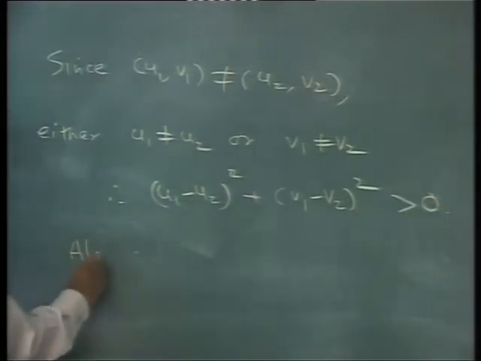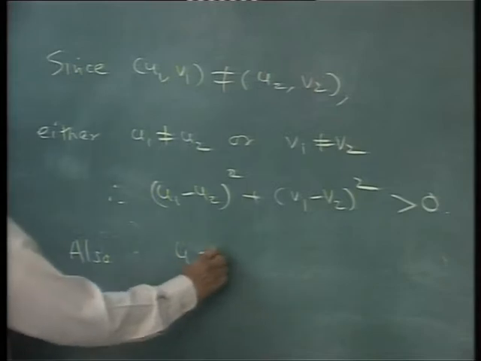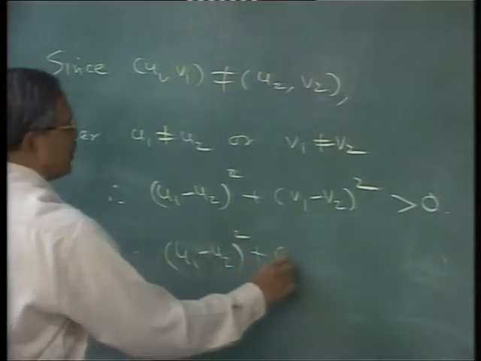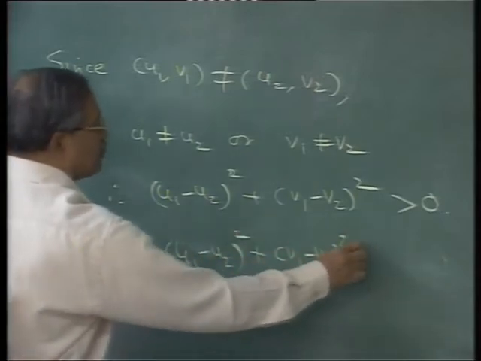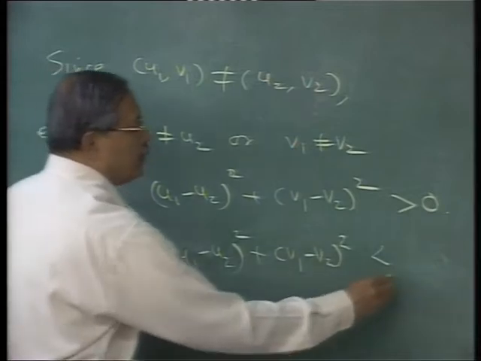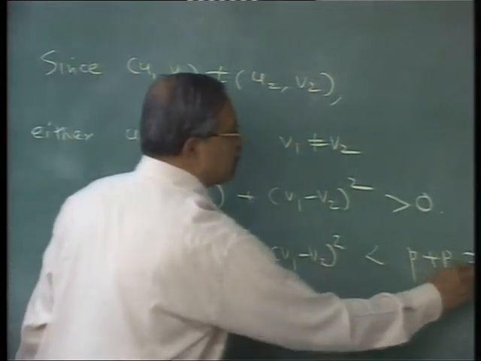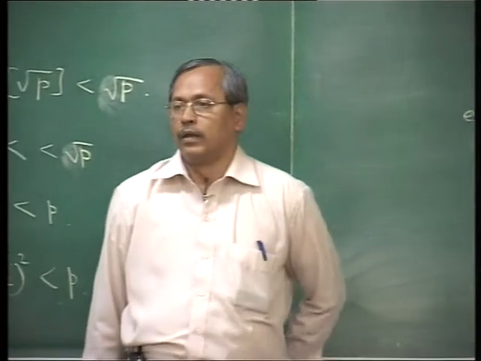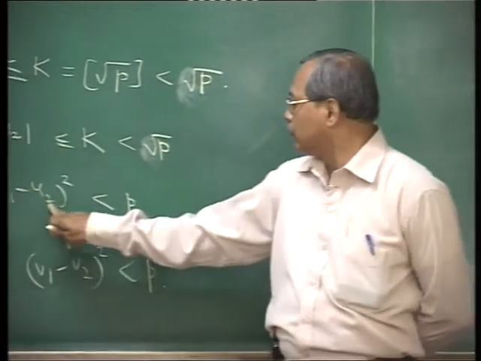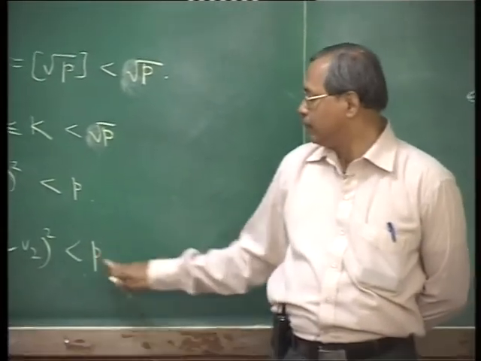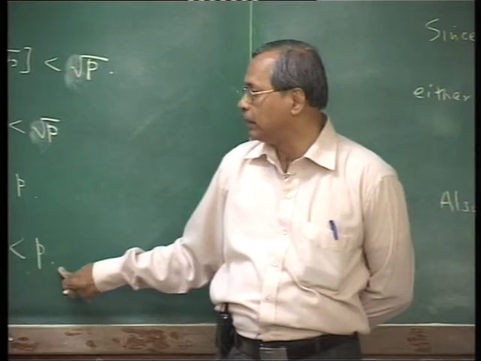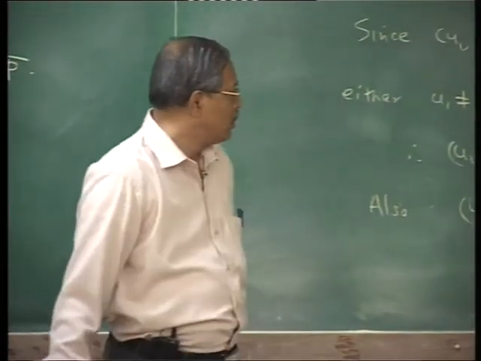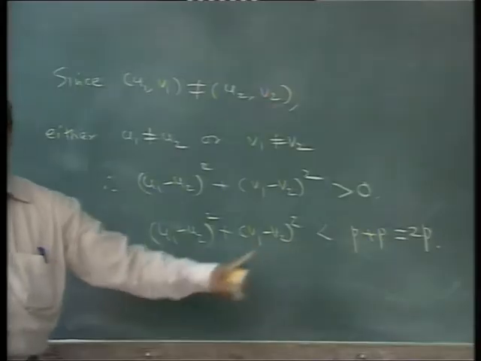Also (u1 minus u2) square plus (v1 minus v2) square is less than p plus p, that is equal to 2p. Here we have seen that (u1 minus u2) square is less than p, and (v1 minus v2) square is less than p, so this quantity is less than 2p.